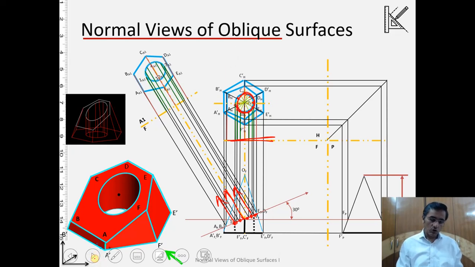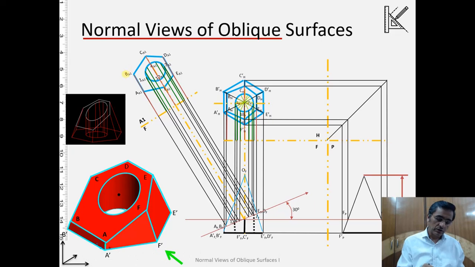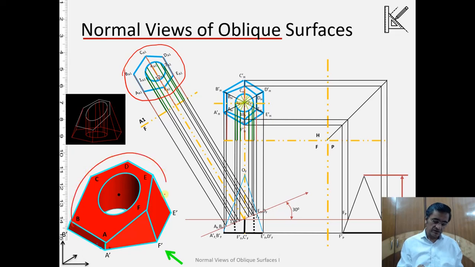So onto the auxiliary, the true view will then be available. So this view is the true shape of the inclined surface of this truncated pyramid.